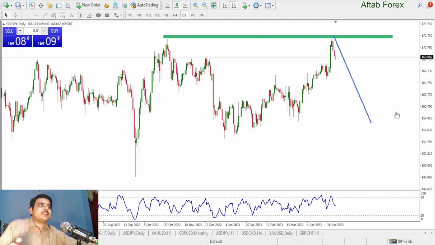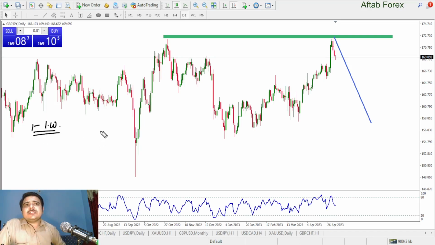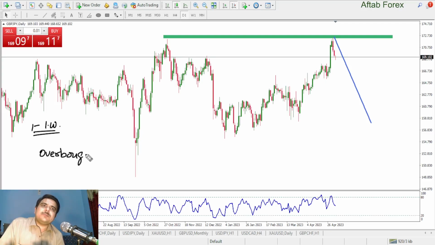in my videos, what I have told you is that first of all, step one will be to identify an impulse wave, right? So in order to identify impulse waves, what we need is, obviously, if you remember, overbought and oversold conditions on the RSI.